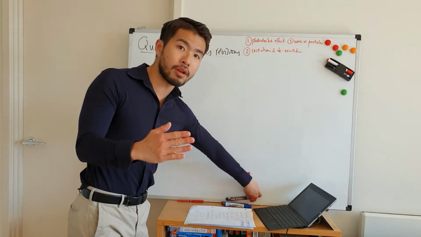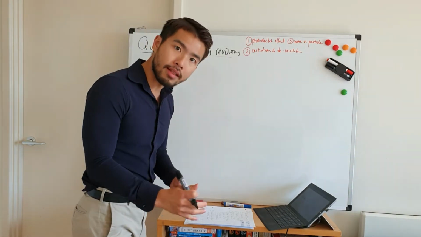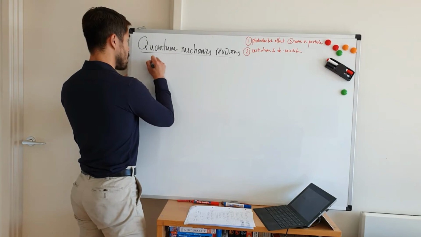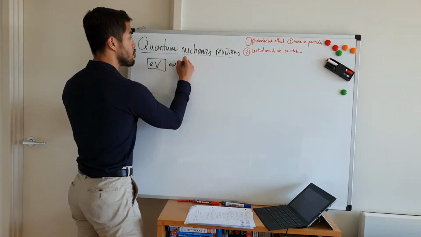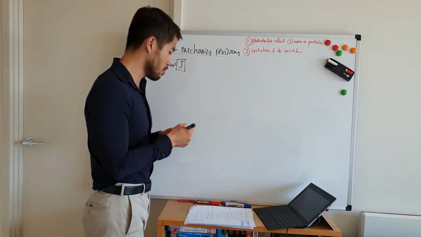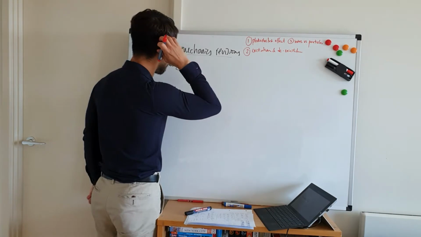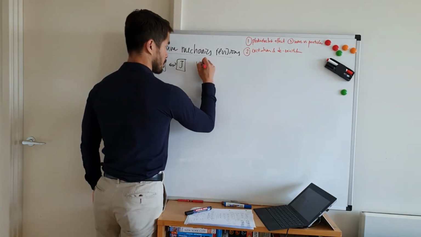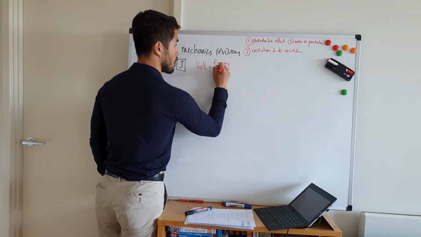Before we know what the photoelectric effect is, we need to understand two things. Firstly, what is eV? eV and joules can be interchanged. How? We know that voltage is energy per charge.